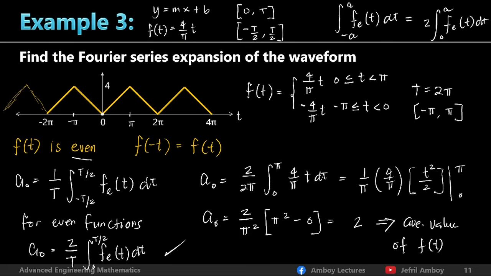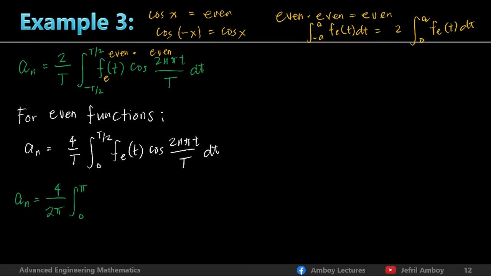From 0 to pi is 4 over pi times t. So, that's 4 over pi times t. And multiply it by cosine of 2n pi t over capital letter T, which is 2 pi. And then, dt. Okay? So, simplify natin yung an. This becomes, okay, 4 over 2 is 2. Okay?